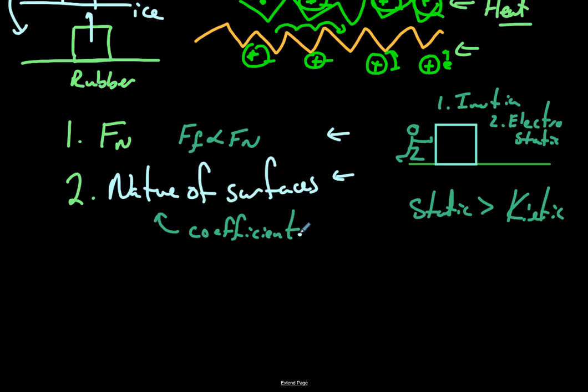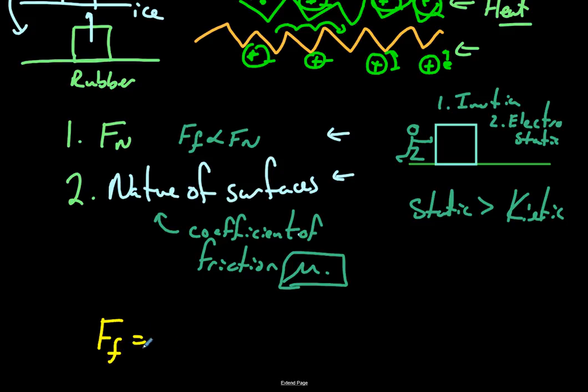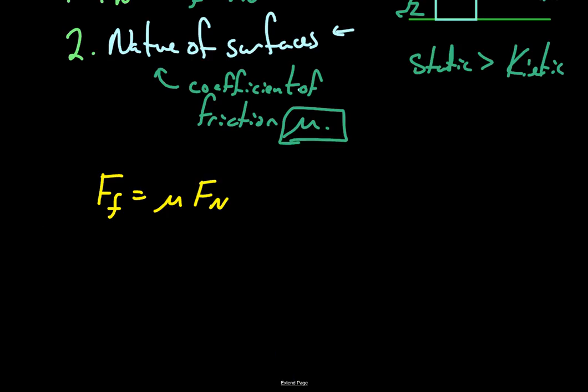The symbol for the coefficient of friction is mu, which is used for other things in physics, like it means micro as well. So we can say the force of friction is equal to mu times the normal force.